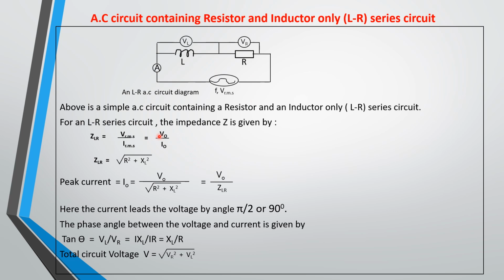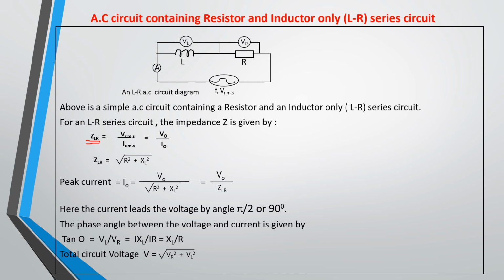Remember that for this particular circuit, the impedance is given by Z. Impedance is also known as reactance. I hope you remember that from our previous video on the AC circuit.